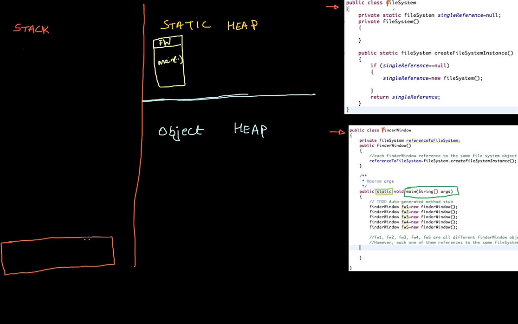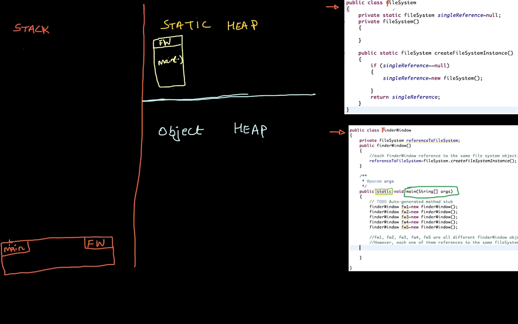Just to be consistent with the terminology and the way I'm going to put this figure together, let's use this upper box to indicate the name of the class. The name of the class here is FinderWindow, and the function currently executing inside the FinderWindow class is the main function.